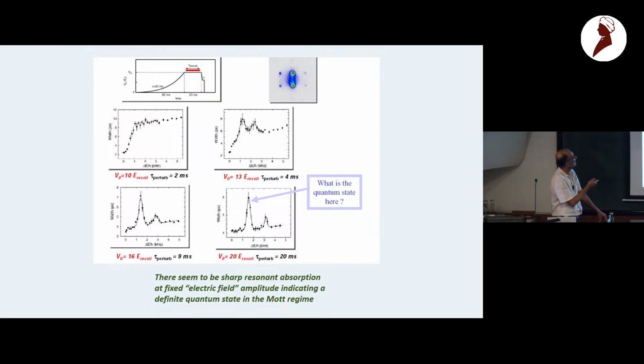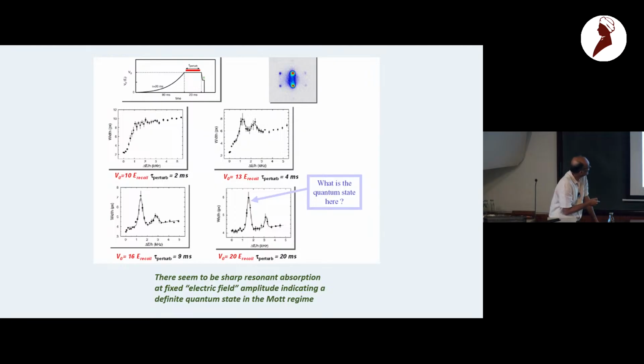So this width is a measure of how much energy you have absorbed. So the point is that here in this V0, if you are in a superfluid phase, okay, then there is a linear pattern of this absorption and then it saturates. So you can absorb energy continuously as you increase the time for which you have put this perturbation, or the amplitude of this perturbation. However, when you get into this Mott state, see here that there is a resonant energy absorption.